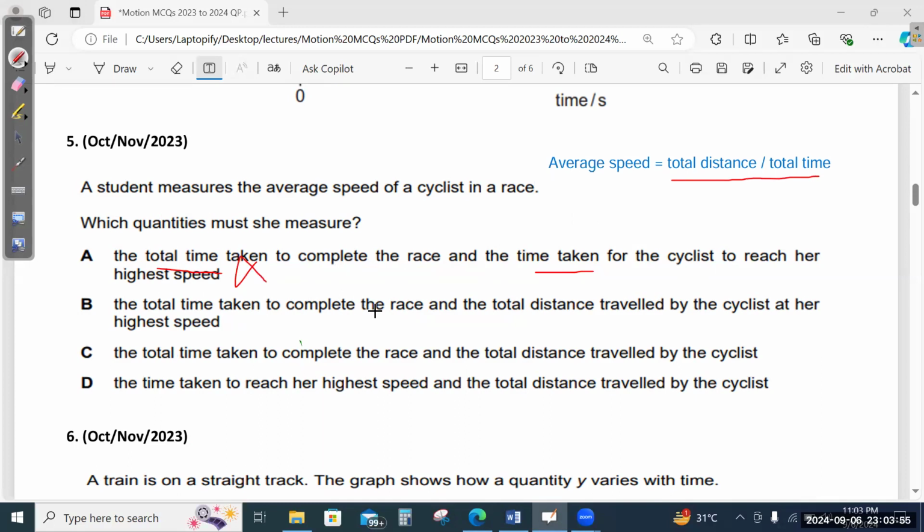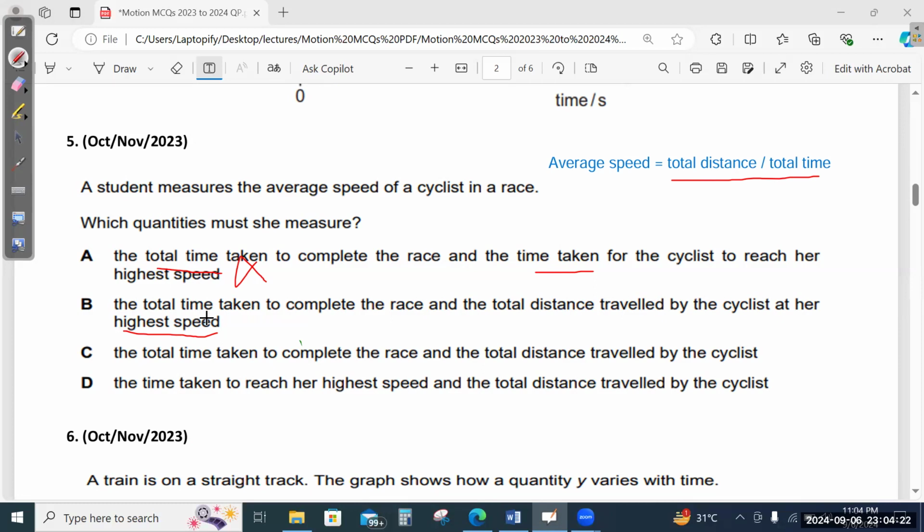Total time taken to complete the race and total distance traveled by the cyclist at her highest speed, no. When you are asking about average speed, it means during its journey the speed of the car sometimes decreased and sometimes increased. That is why we are not bound to only one option, that highest speed. So speed can vary.